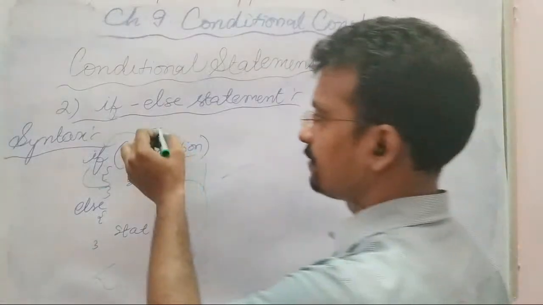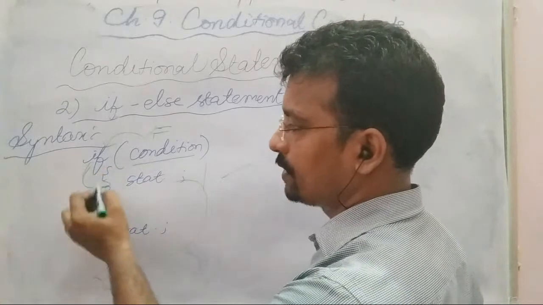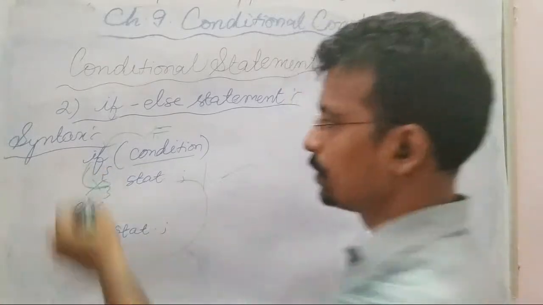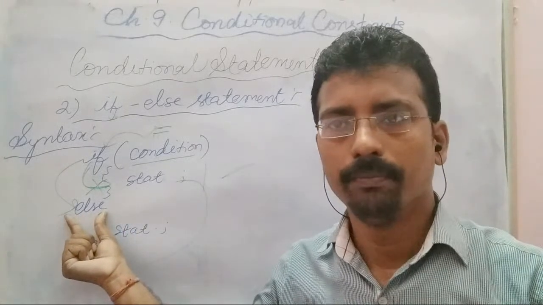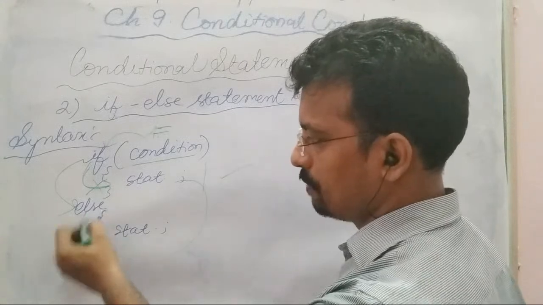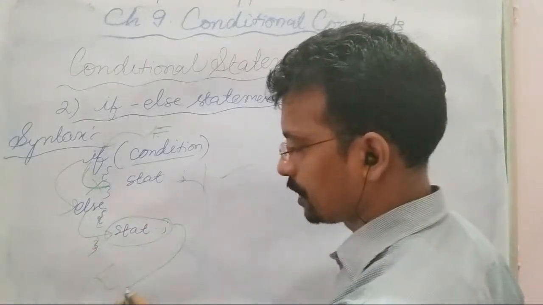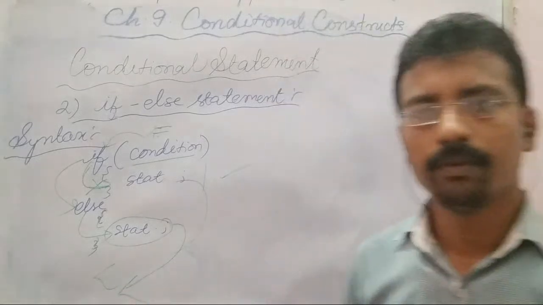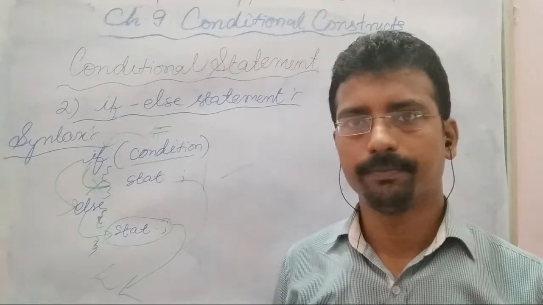When the condition gets false, if says I will not allow you to enter this area, go to my brother, that is else, he will give you some job. So else contains a block, and in the block some statements are there. Now they will execute, and after execution control will go outside. So this way our if else condition works.